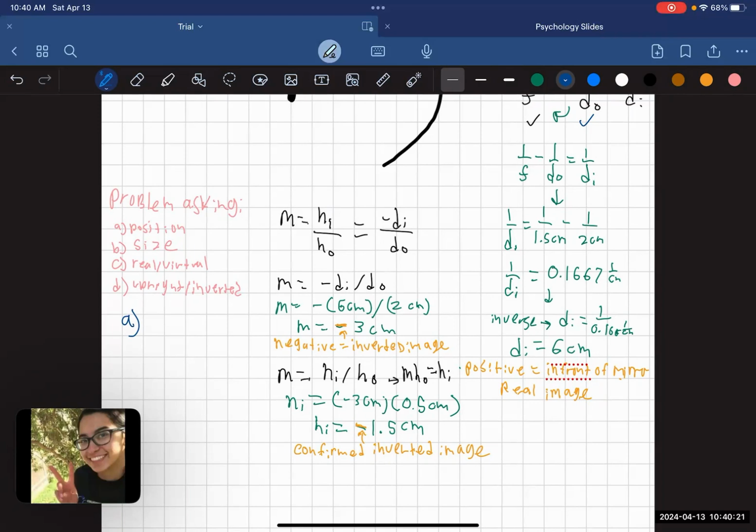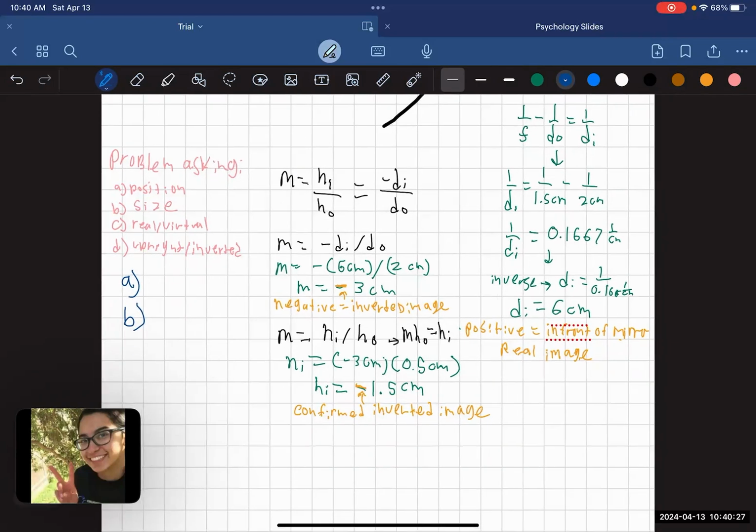I'm gonna draw it first just to confirm. Size, D. Okay, D we already know. We know that it's inverted because both of these confirm that. And then the positive sign in front of the D shows that it's a real image because it's in front of the mirror. So real.